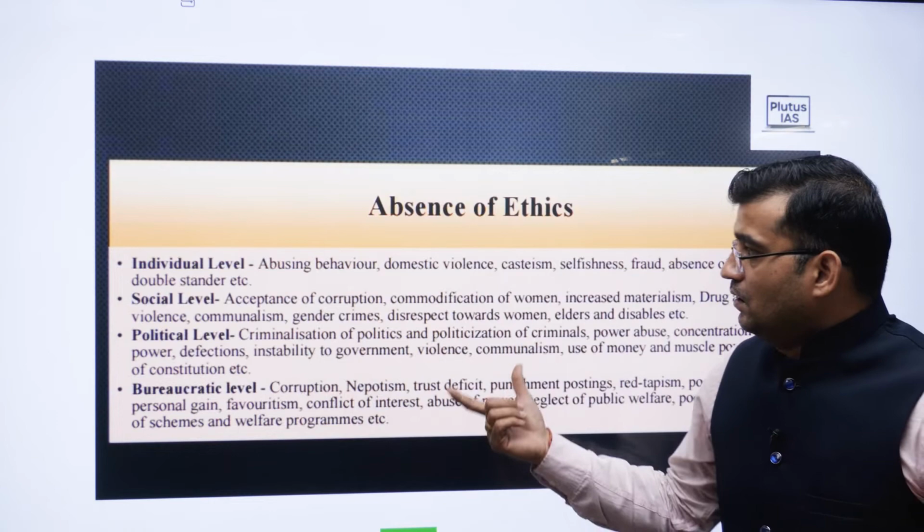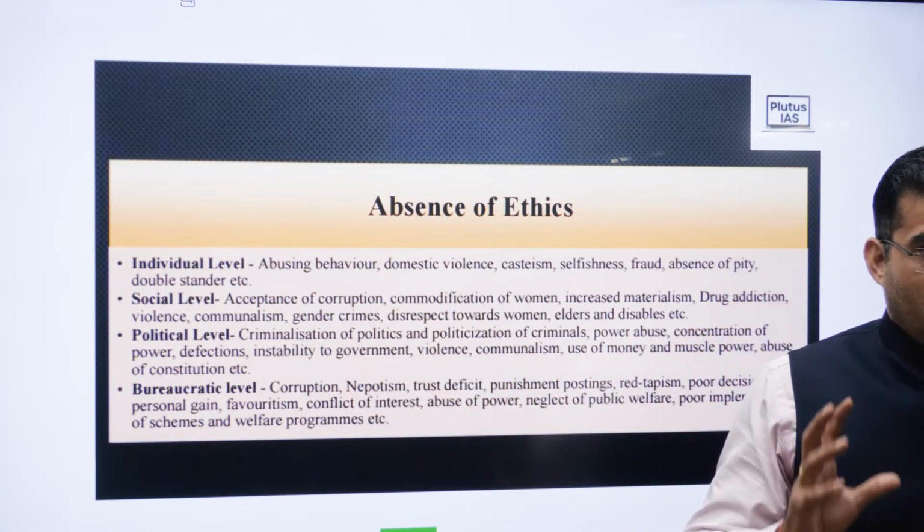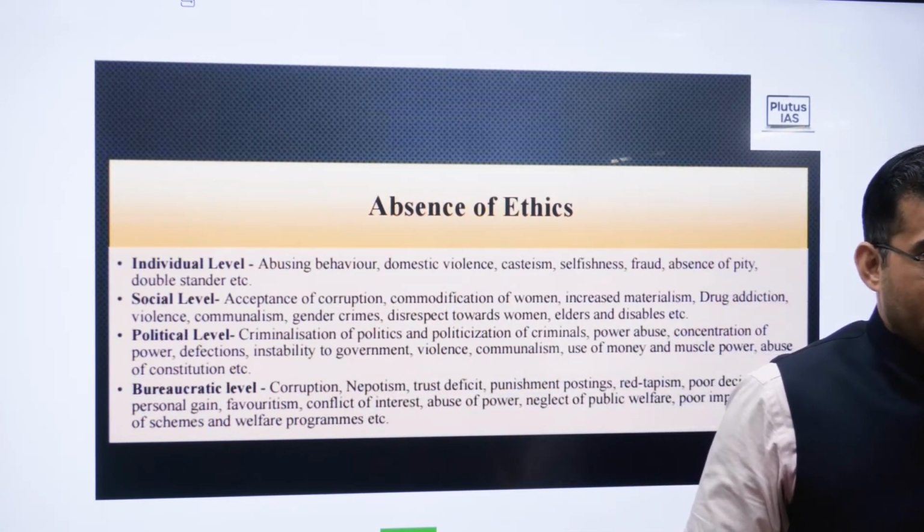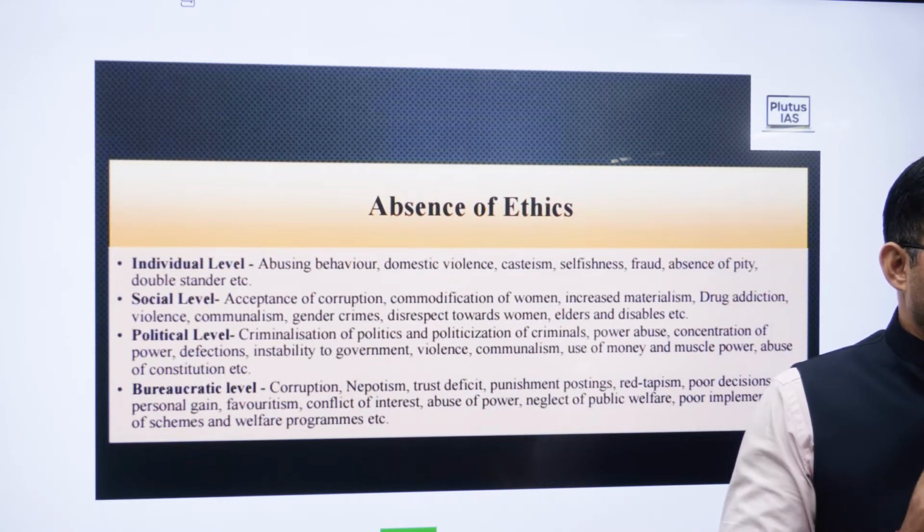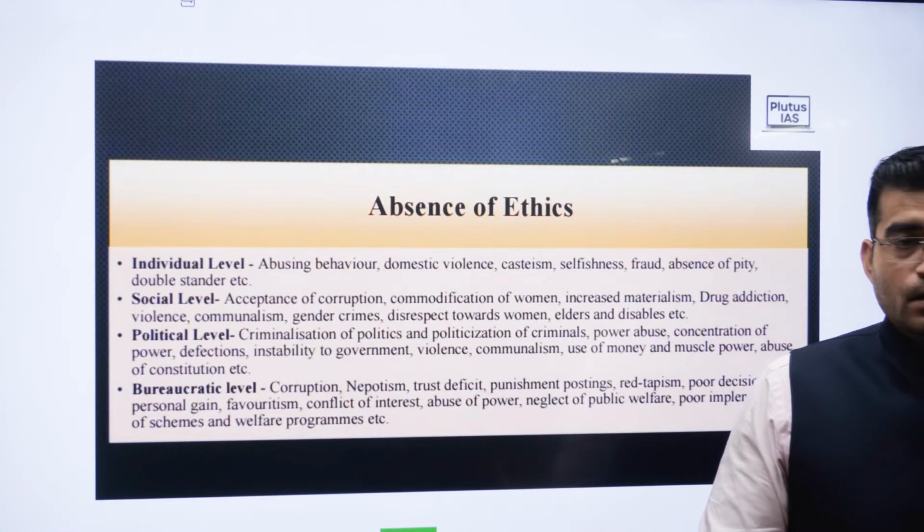Now, the list of absence of ethics is mentioned in the slide. Just note two or five points in your notebook.